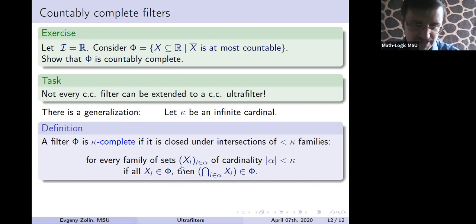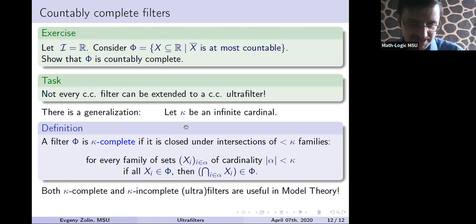So if you have many sets indexed by some alpha, where alpha is a set whose cardinality is less than kappa, then for any such family, if every member is an element of phi, then the intersection is an element of phi. So this is a natural generalization of countably complete filters and ultrafilters.